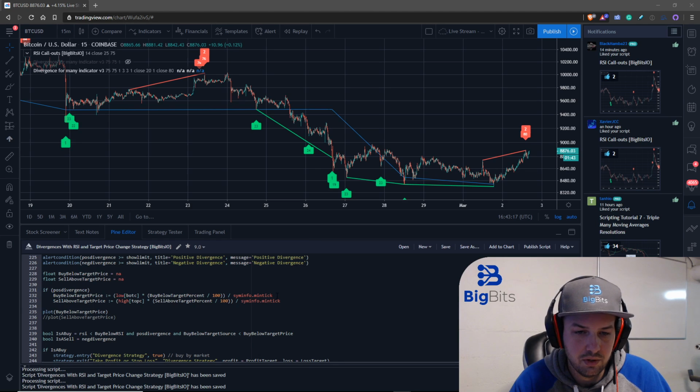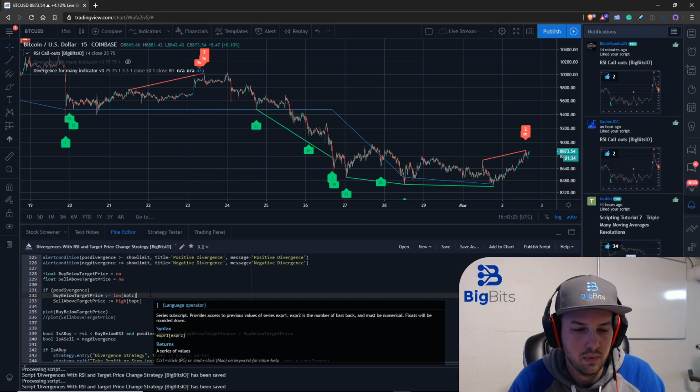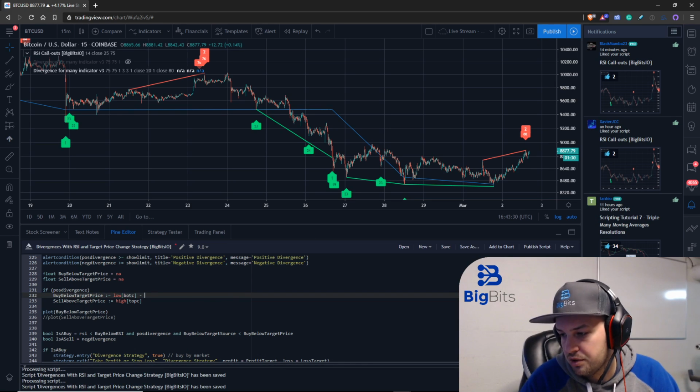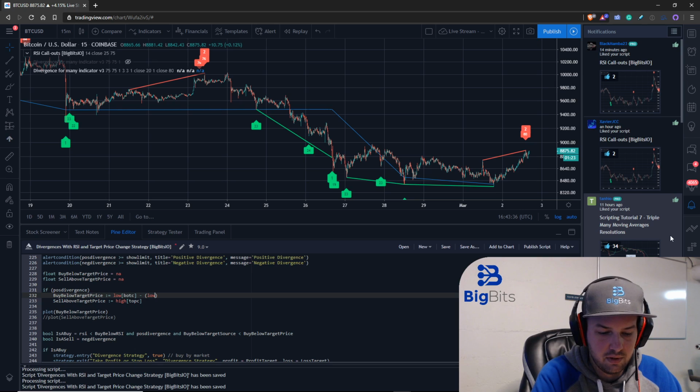Okay, so we're actually going to change this up a little bit. See if it works right now. To take the low of that one, then I want to subtract its difference. So I take percentage difference here.